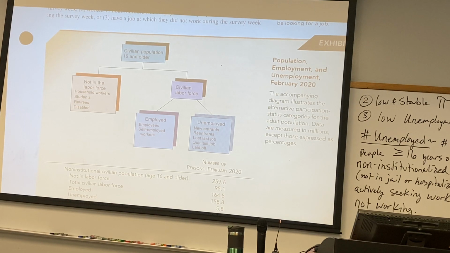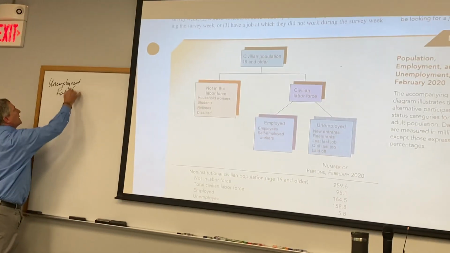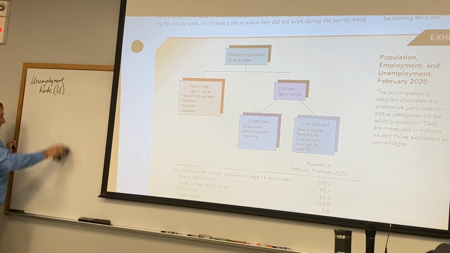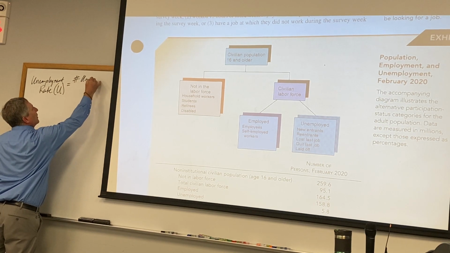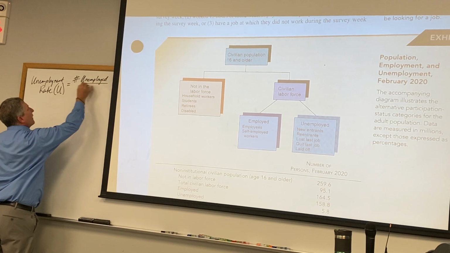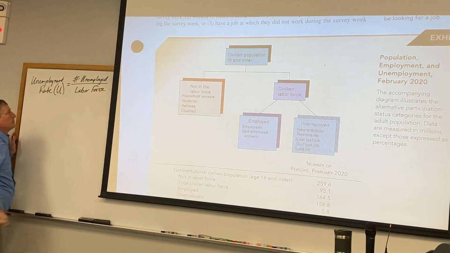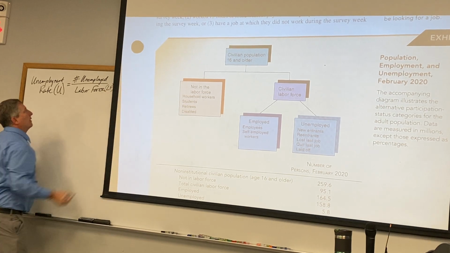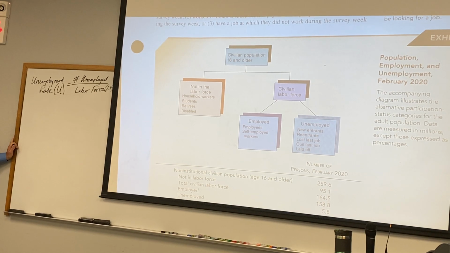So the unemployment rate, which I'll be using the symbol big U, the unemployment rate is equal to the number of people unemployed divided by the labor force. The number of people unemployed divided by the labor force.